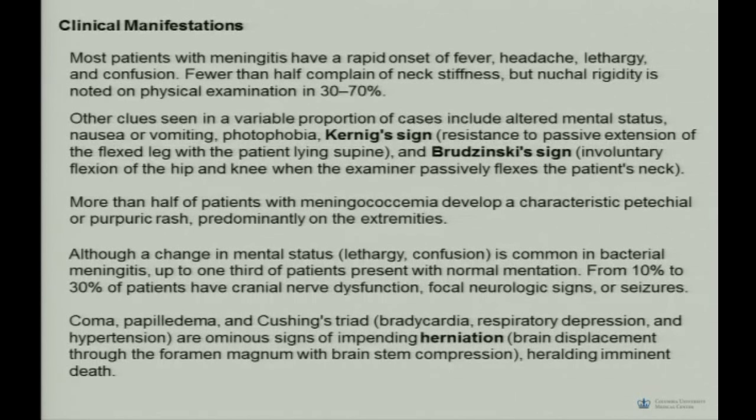Okay. About half of patients develop this rash on the extremities, petechial or pruritic rash. You have change in mental status, lethargy, confusion, especially with bacterial meningitis. And some are going to have focal neurologic signs and potentially seizures.